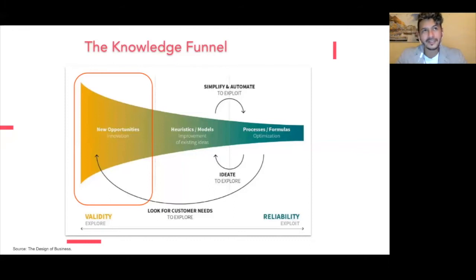Sell first means find customers first, problems first, and then build the product. So you can still use it even if you already have an established business and you're pretty confident with that business model. You can still use design thinking to find alternative opportunities and explore new opportunities for your business.